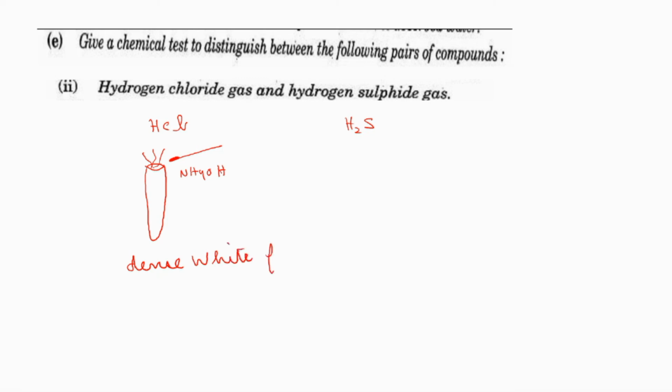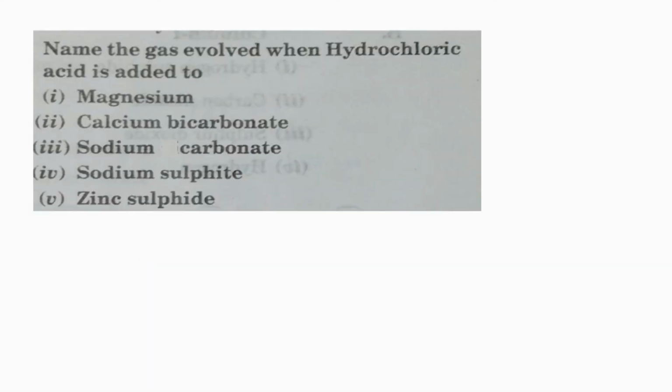So that confirms that the gas evolved is hydrogen chloride. Whereas hydrogen sulfide will not give dense white fumes with ammonium hydroxide. You can't see any fumes like that. So by this method, we can distinguish between hydrogen chloride and hydrogen sulfide. Easy.